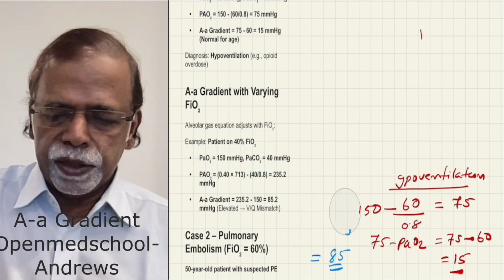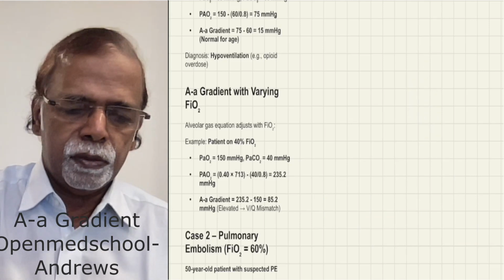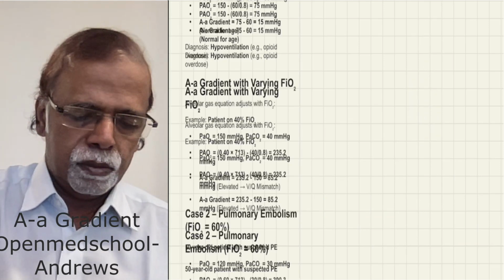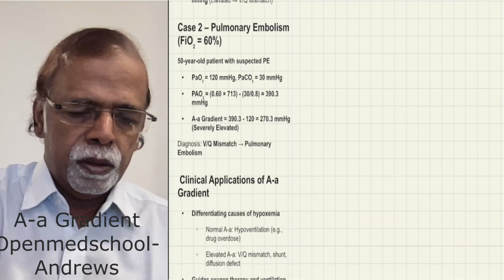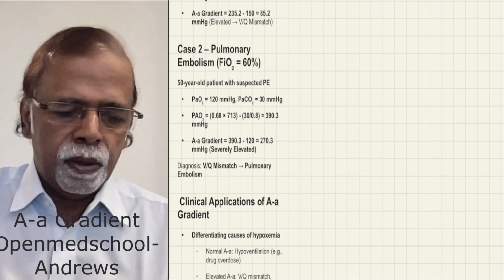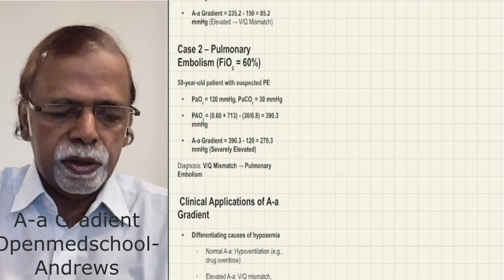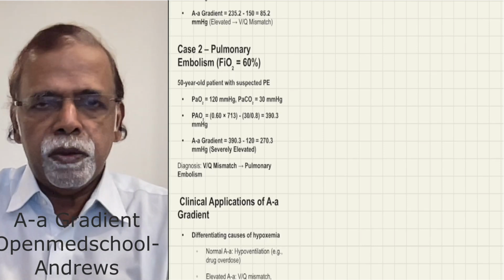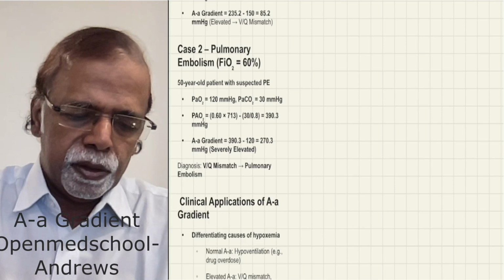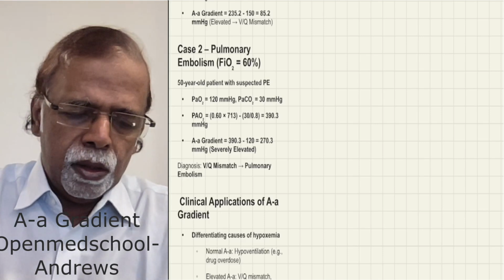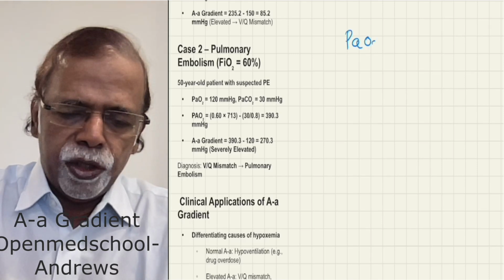Let us see another case to explain this. A 50-year-old patient admitted with suspected pulmonary embolism, having breathlessness. The PaO₂ is 120.